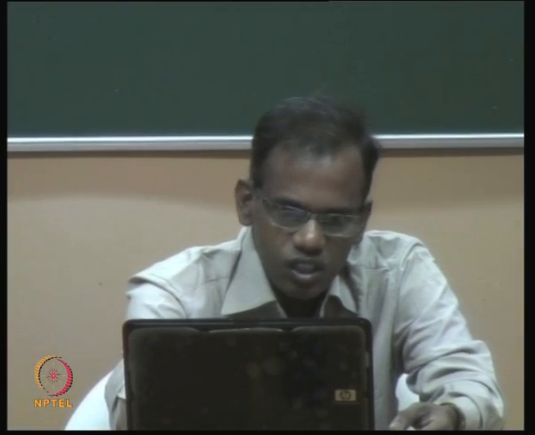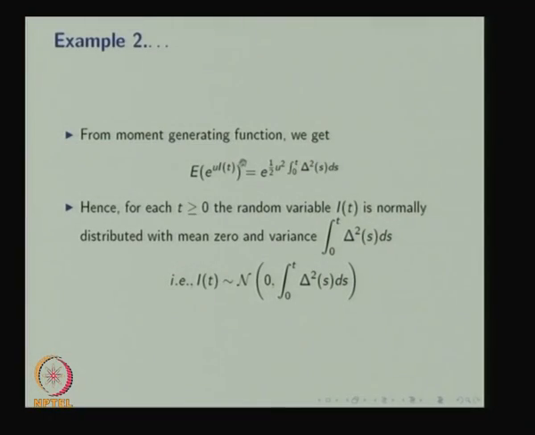Therefore, it is the expectation of e to the power u times I of t. You can find that this value is e to the power of one half u square times the integral from 0 to t of delta square s ds.